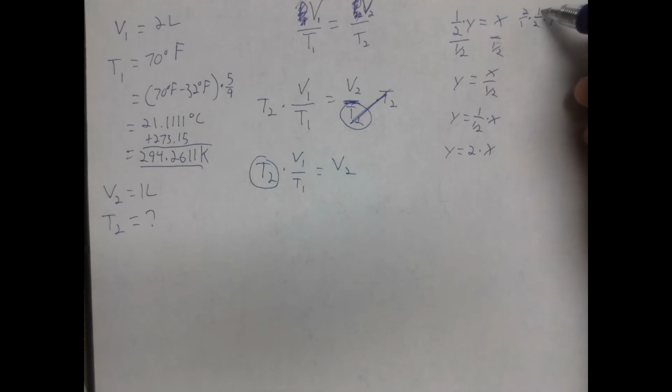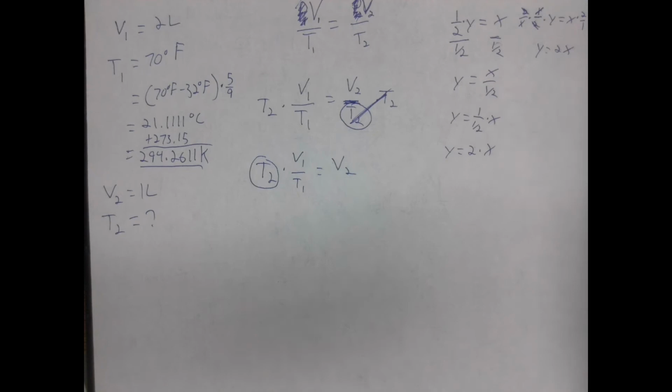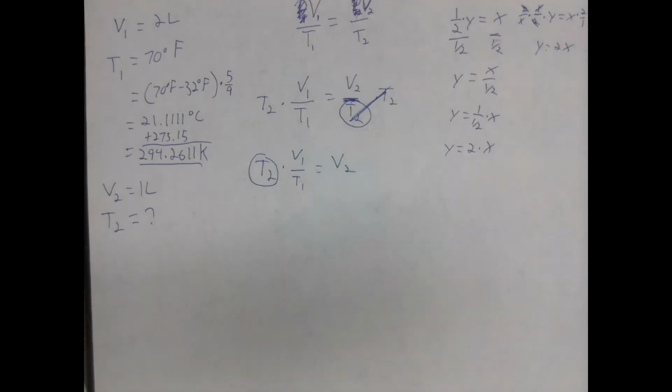So I'm multiplying y by 1, so I divide it on the right side by 1. I'm dividing y by 2, so I'd multiply 2. On that side, the 2's cancel out here, the 1's cancel out here, and we're left with y is equal to 2x. 2 over 1 is just 2x.